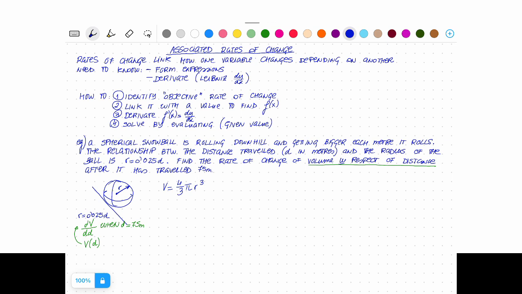And this is all very good and well, but this is a function of radius, and I need a function of distance. So this is when this relationship that they gave me comes in handy, because I can substitute and find what I wanted, which was the volume in terms of the distance. So it's simply substitution here.